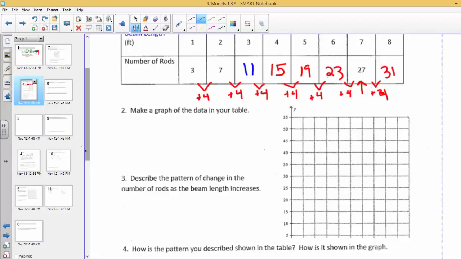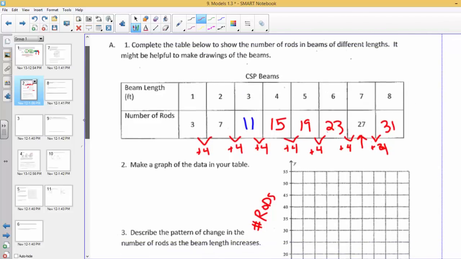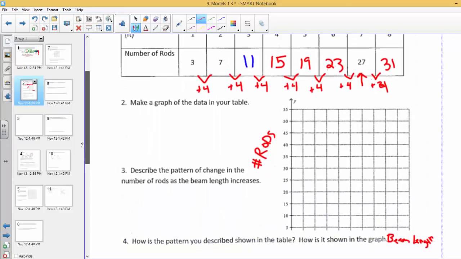So we're going to make a graph of this table. So the bottom here is the beam length. And the side is the number of rods. And that whole story was CPS Beam Company.